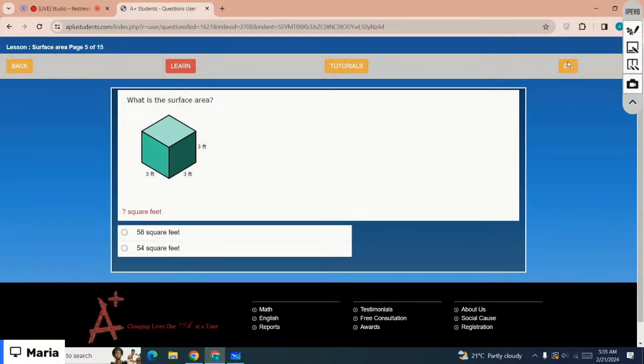So then the area of 6 faces is 9 times 6, and 9 times 6 is, yes, 54 square feet it is, right?